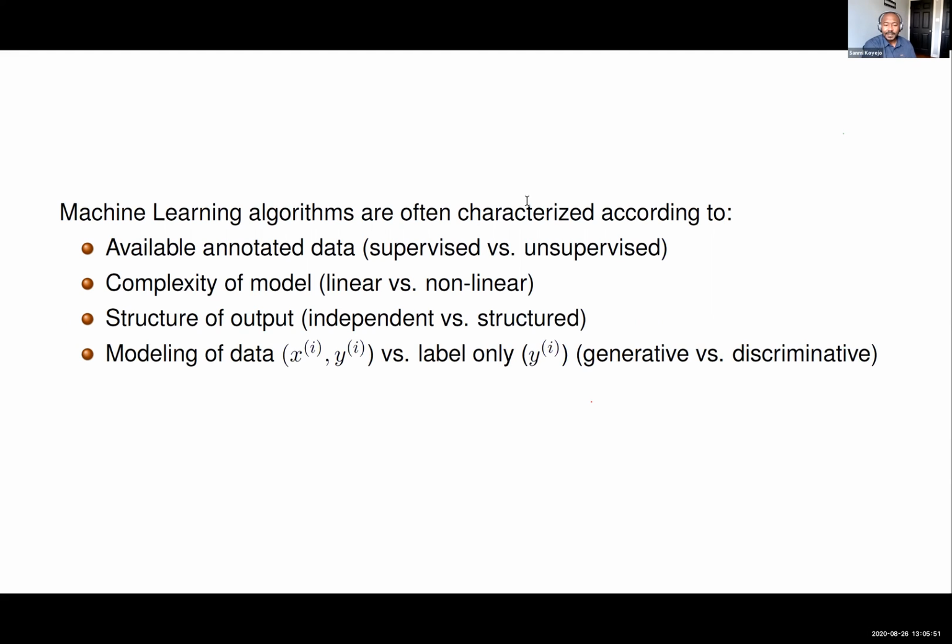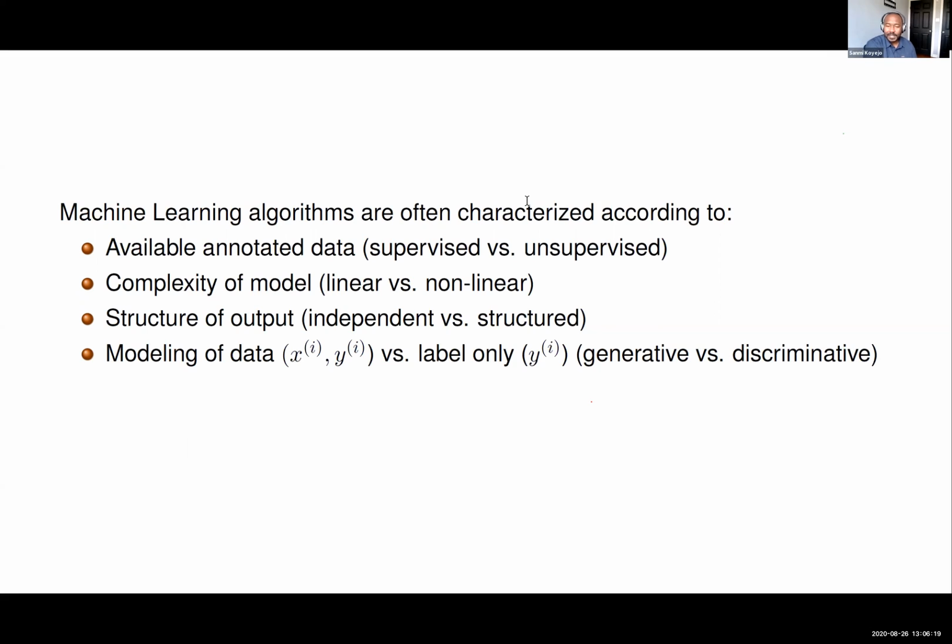And another way that machine learning algorithms often differ is in how you choose to build your model. In particular, even within supervised models specifically, there are classes of models that try to capture both the inputs and the outputs in terms of learning these relationships, and there are classes of models that don't try to model the input distribution at all.